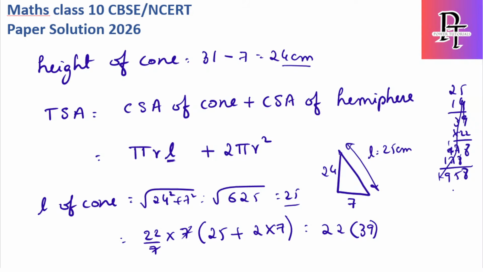Let me redo. 39 into 22, 2 9s are 18, 1, 2, 2 3s are 6, 7. And then again 78, so this becomes 858. So 858 centimeter square is the final answer.